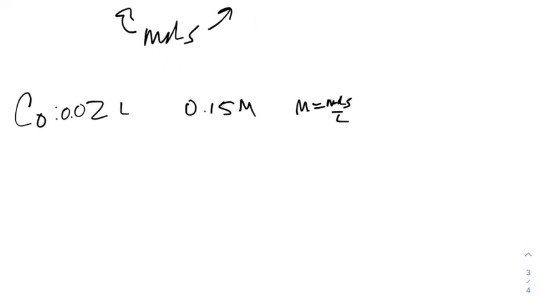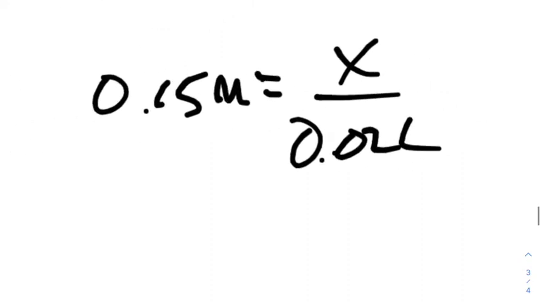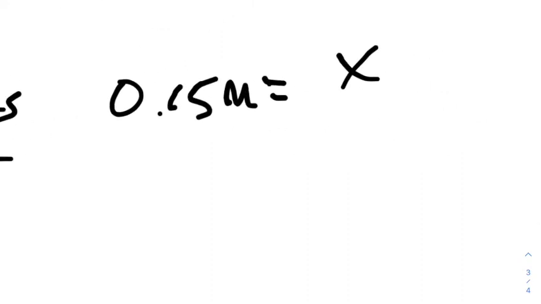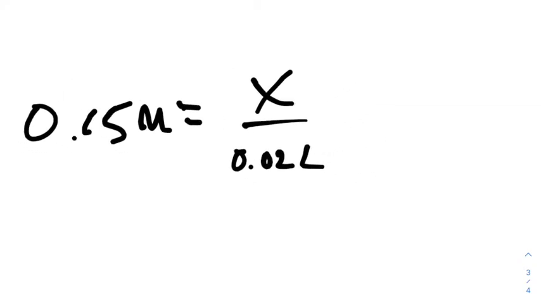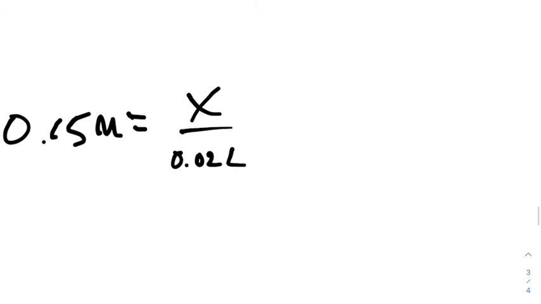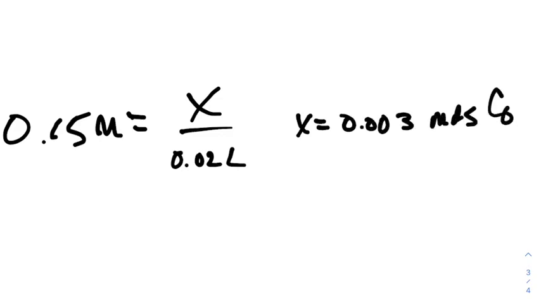So 0.15 molarity is equal to X over 0.02 liters. So we can figure out what our X is now. It's 0.02 liters at 0.15 molarity, so X is equal to 0.003 moles of the cobalt.